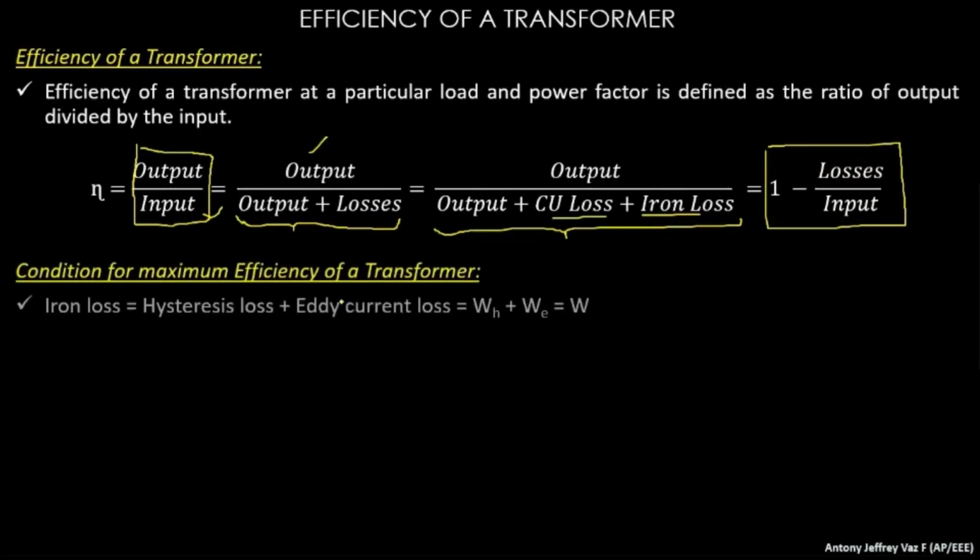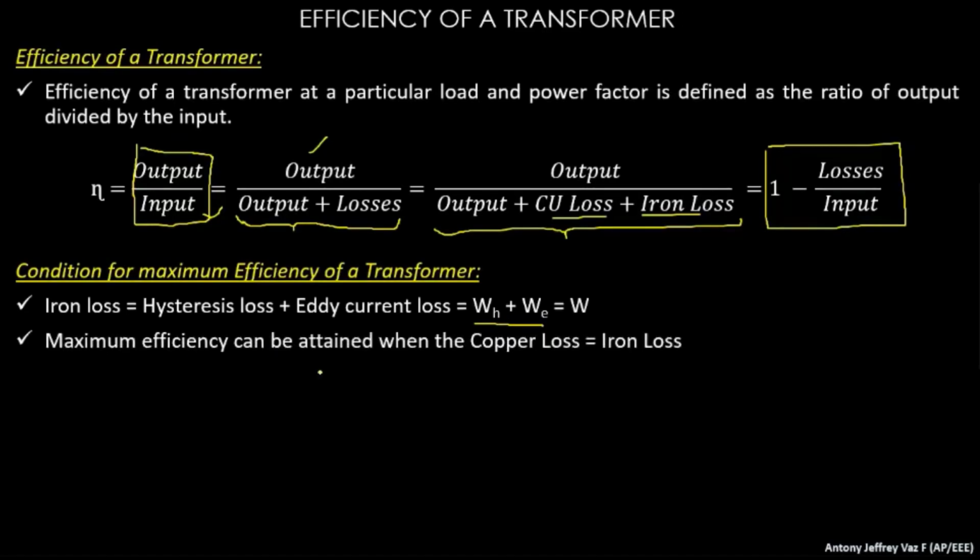Condition for maximum efficiency of a transformer. Here you can see iron loss is equal to hysteresis loss plus eddy current loss. So you know this thing. Okay. So iron loss is equal to WH plus WE. The maximum efficiency can be attained when copper loss is equal to iron loss.